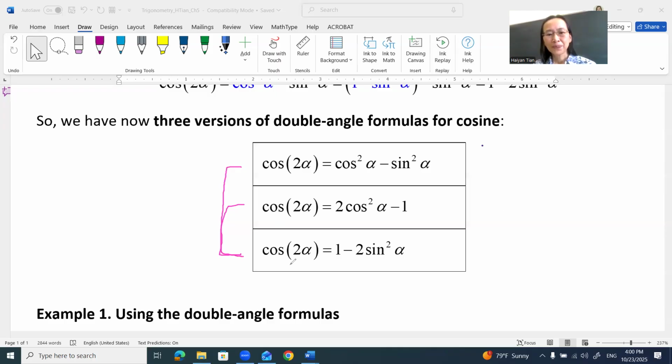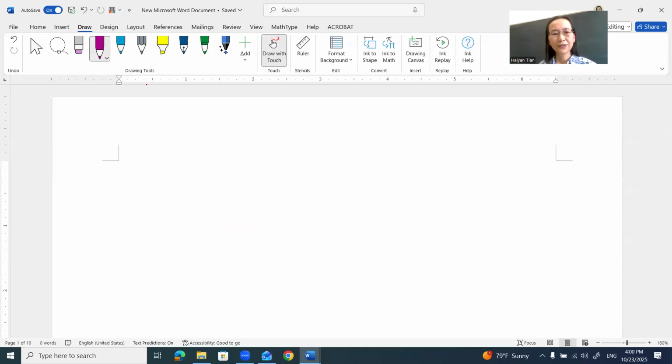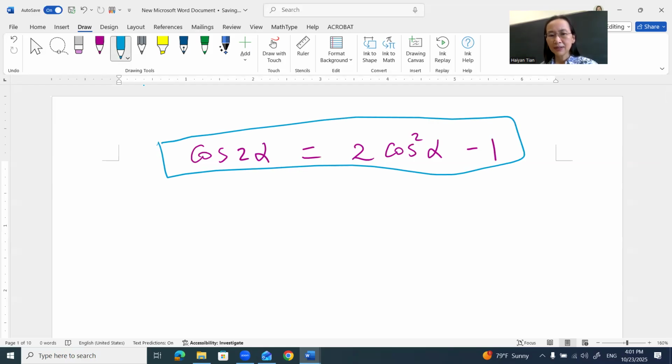So from this version, let's think of the last two versions. If we have cosine 2 alpha, which is 2 times cosine square alpha minus 1, we can write this formula in a different way.